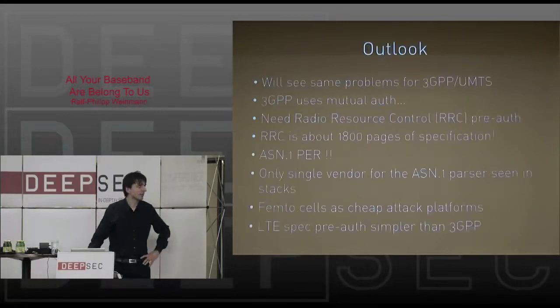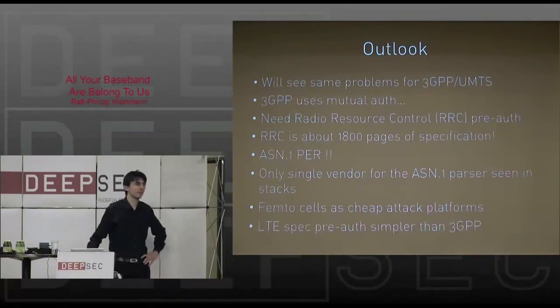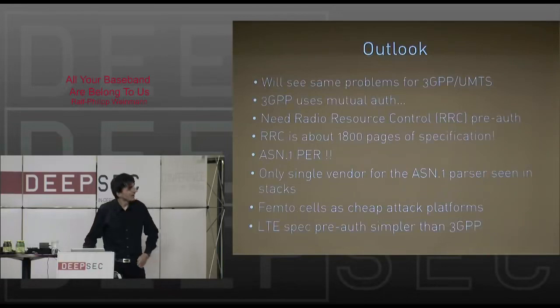And the outlook is that we will see the same problems again for UMTS 3GPP, and you say, well, okay, 3GPP has this mutual authentication, so it will only be the very well-funded adversaries who can get past that, who can do all these attacks. But it turns out that there's this humongous radio resource control layer, which is like 1,800 pages of specification encoded in ASN.1 PER. And there's only one single vendor that I've seen in terms of parsers in the baseband stacks.